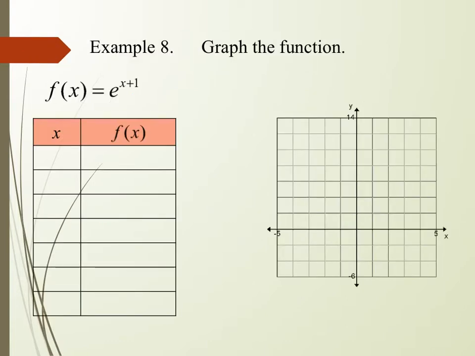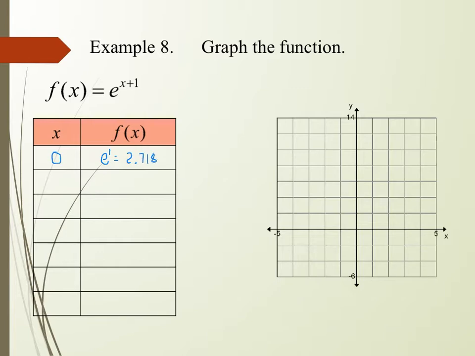So in this particular example, we're going to look at f of x is equal to e raised to the x plus 1. So we're going to find out what x is, and we're just going to look at the situation when x is 0. So when x is 0, we have f of x is just equal to e raised to the 1 power, which in this case is just 2.718.